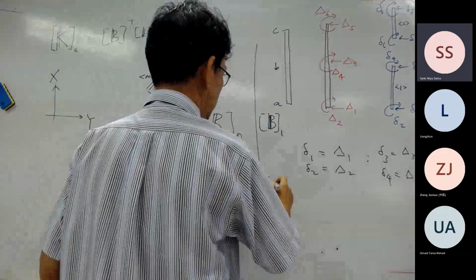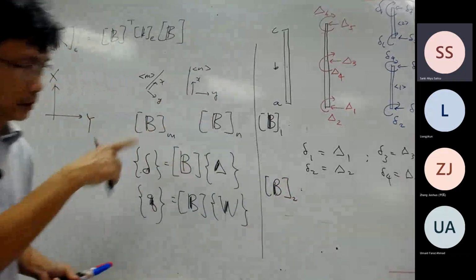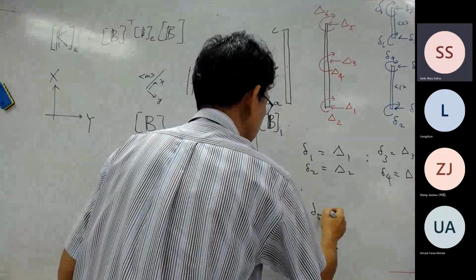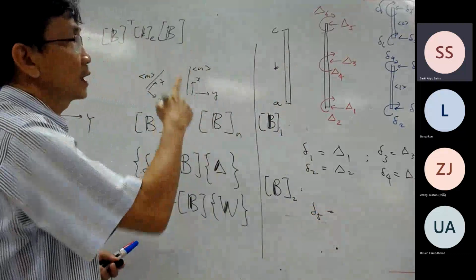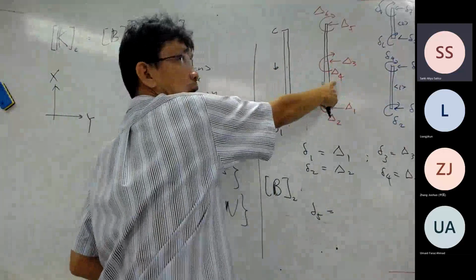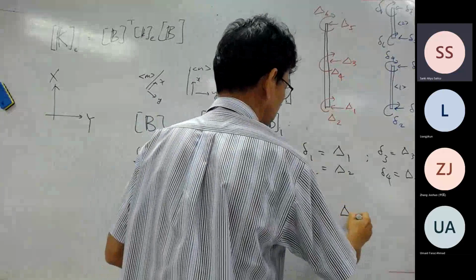Then the B matrix, when you want to get to the B matrix, the information that we need is delta 5, corresponding to this node here. Yeah? Okay. Delta 5 is equal to delta 3.